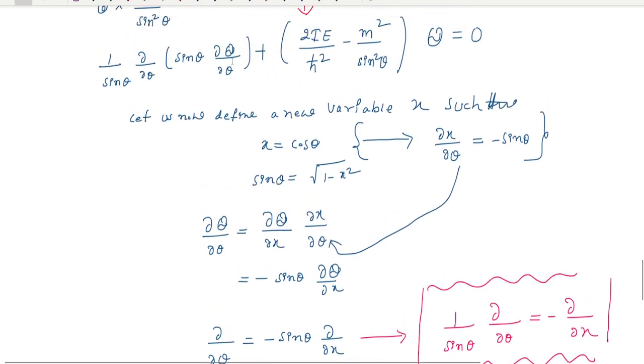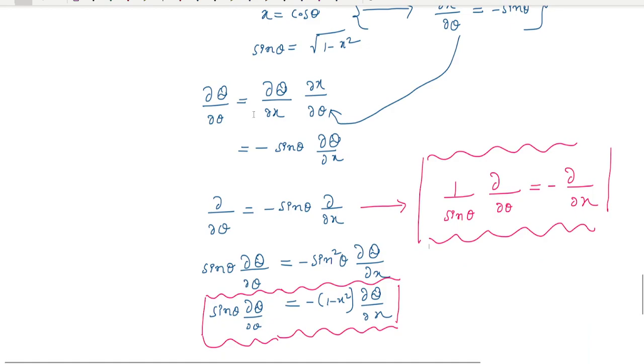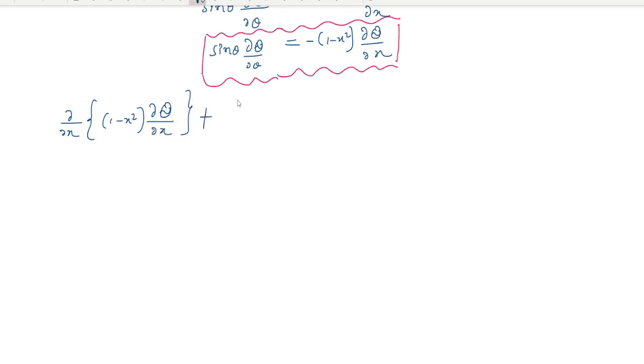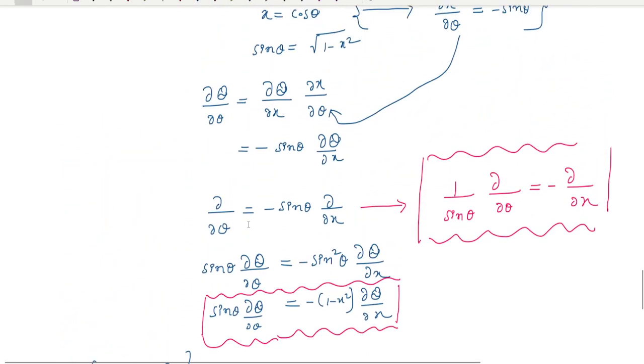And in place of sin theta dou by dou theta, therefore the final equation after using these two terms, the final modified equation we got: d by dx into 1 minus x squared partial derivative of theta divided by partial derivative of x, plus 2ie divided by h cross square, right?